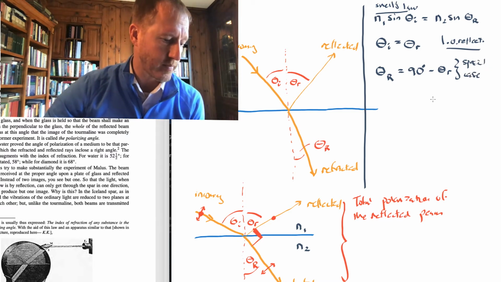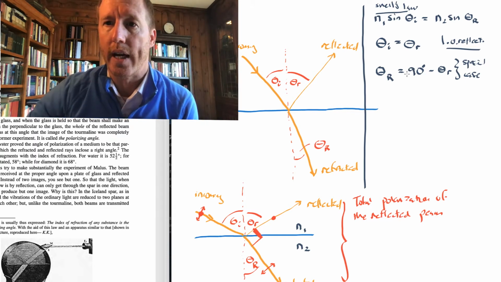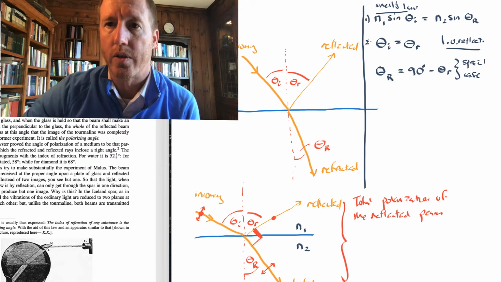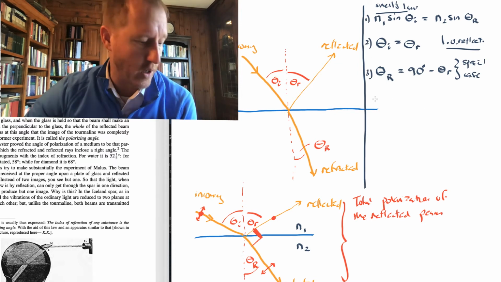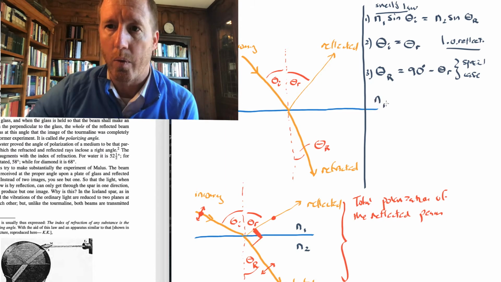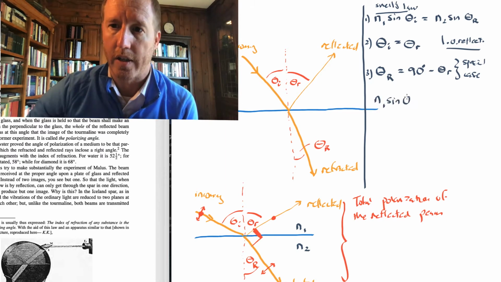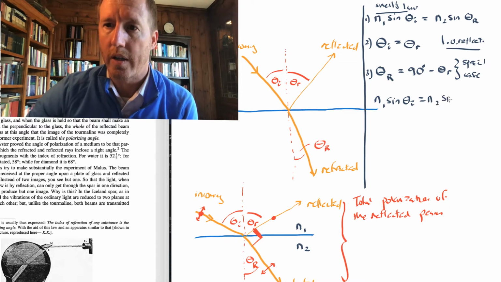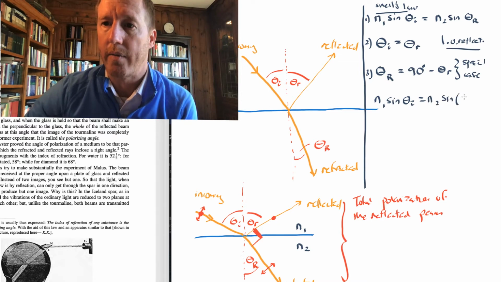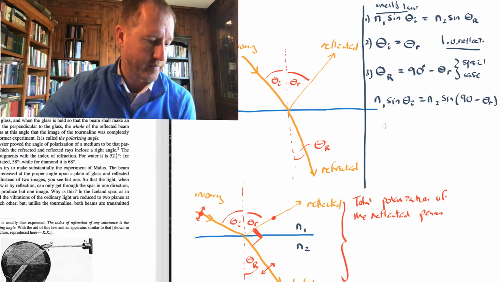Okay? Notice that if we do that, let's plug in this equation. We'll call this equation 1, equation 2, and equation 3. Let's plug in equation 3 into equation 1. So we'll get n1 times sine of theta incident equals n2 sine of, now for theta refracted, I'm going to put 90 minus theta reflected.